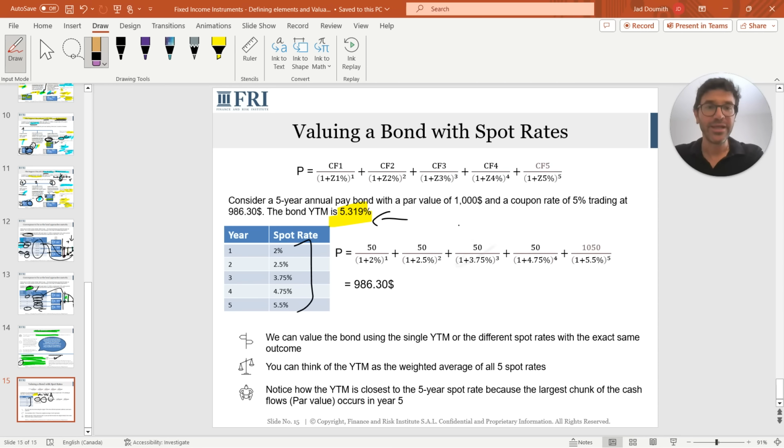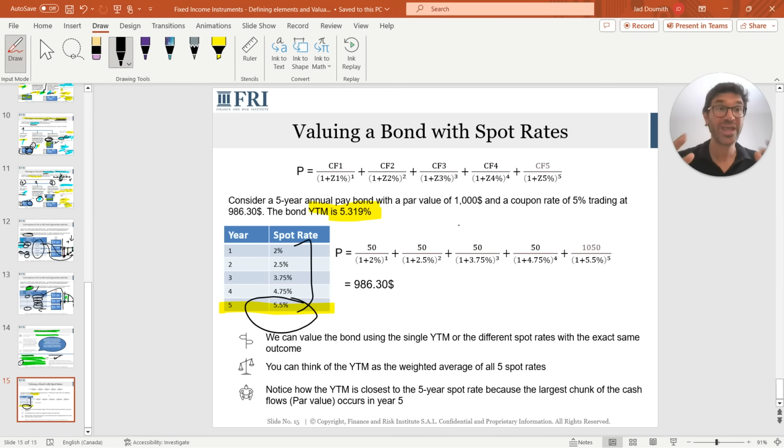cash flow. And you should like it here when I show you how the yield to maturity is closer to, the closest rate to the yield to maturity is the 5-year spot. Because the 5-year spot is the one that carries the largest weight when we do the average of those. And why does it carry the largest weight?